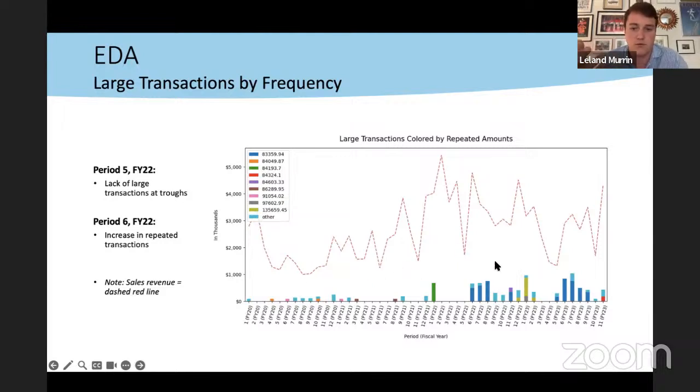Those were glaring things missing from the troughs in the sales revenue. And then there's also a really large uptick in large repeating transactions post-pandemic era, starting with fiscal year 2022, period 6.